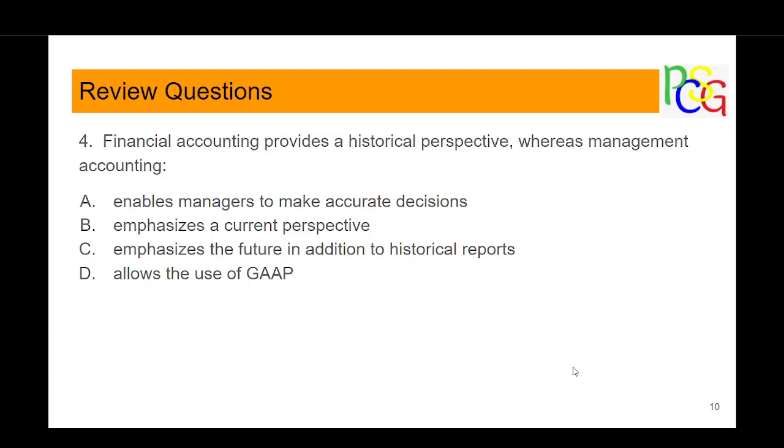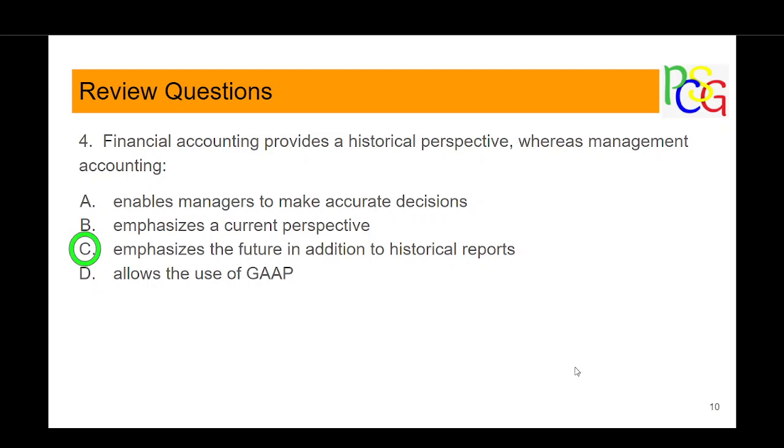Okay, so let's do a process of elimination. We said previously that management accounting is not required to follow GAAP, so it cannot be D. A is correct in that it does allow managers to make decisions, but it isn't the best answer for this question. Neither is B. So I would have to say the answer is C.